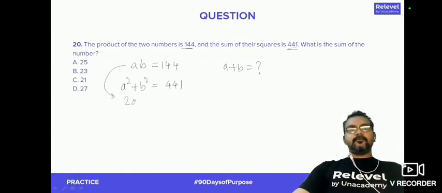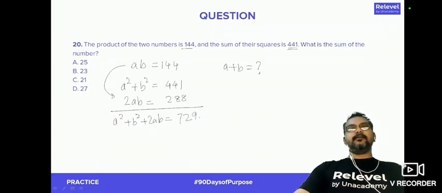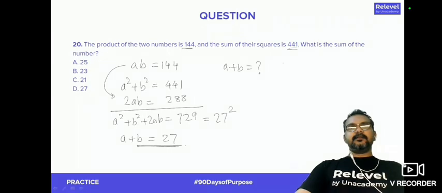So 2ab will be 288, and I add. So a squared plus b squared plus 2ab will come out to be 729. This is 27 squared. So taking square root, a plus b is 27. We don't take the negative square root because clearly the numbers are positive. So option D is the answer for 20.